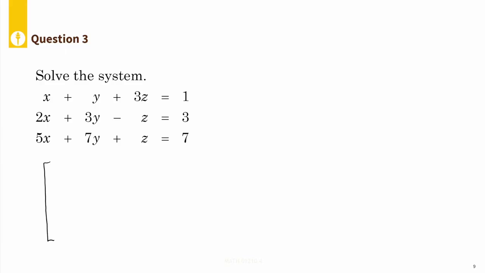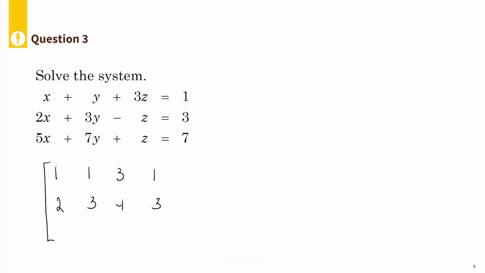Let's do row by row this time. What's the first row? I'm doing row this time. Oh, you're right, that's the first column. 1, 1, 3, 1. See? I have to keep you guys on your toes. Change it up every now and then. Second row. 2, 3, -1, 3.